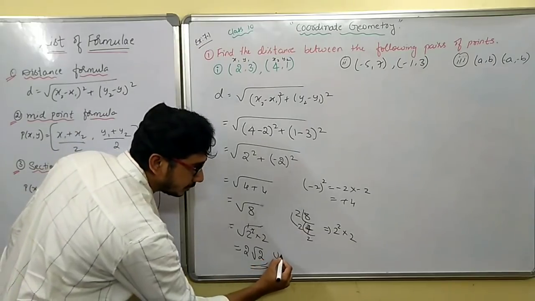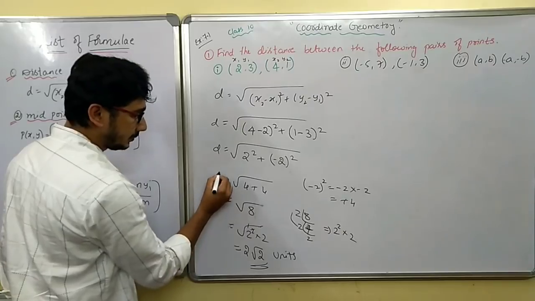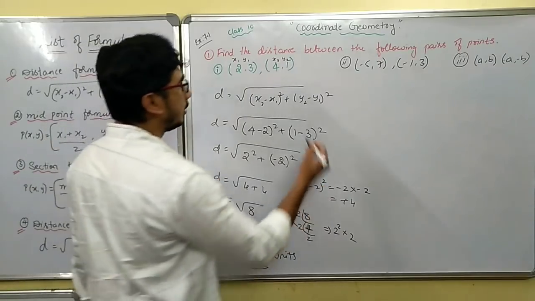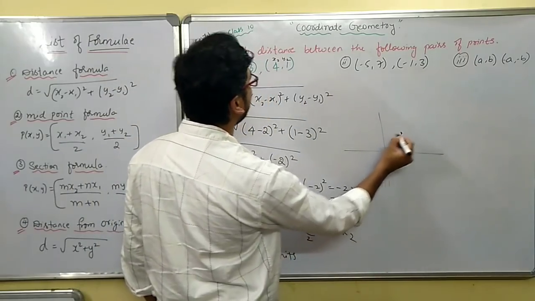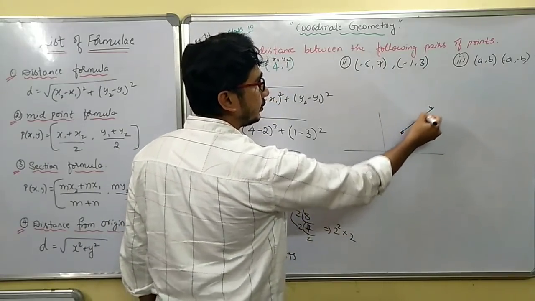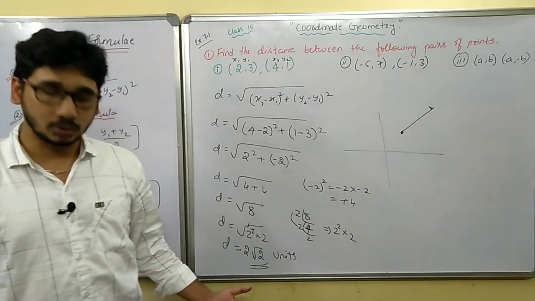You have to write units. So distance. What does it mean? See, here these are the coordinate points. Here this is one point and this is somewhere here. So these two are the points, and the distance between these 2 points, from here to here, is 2 root 2.